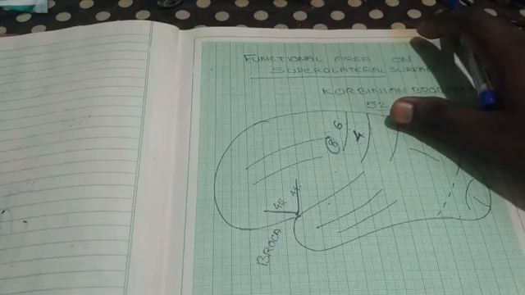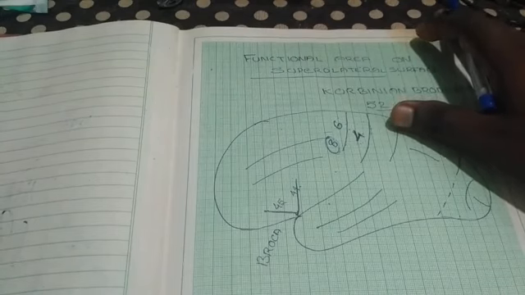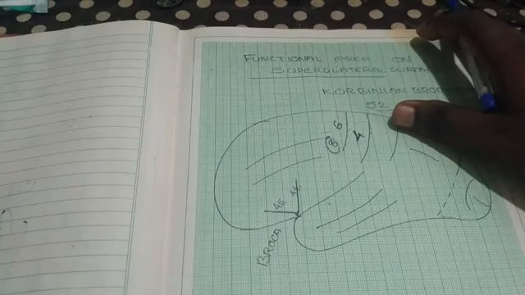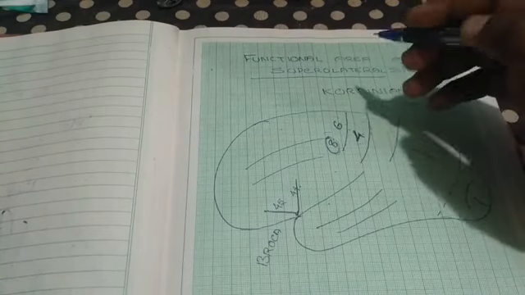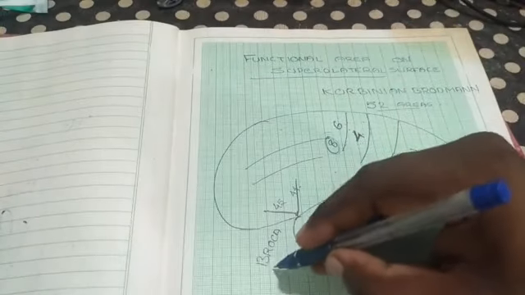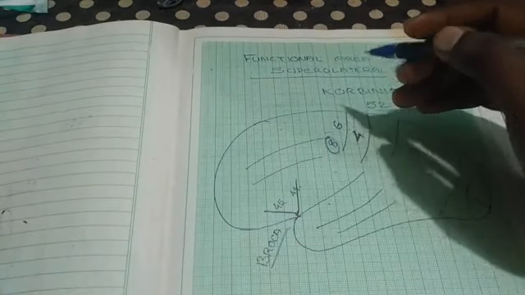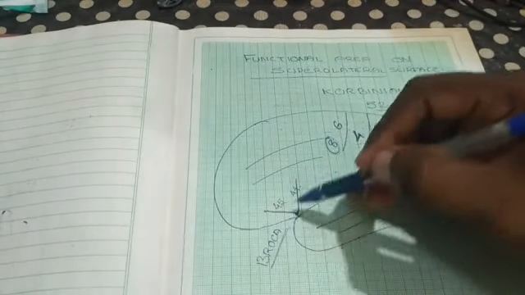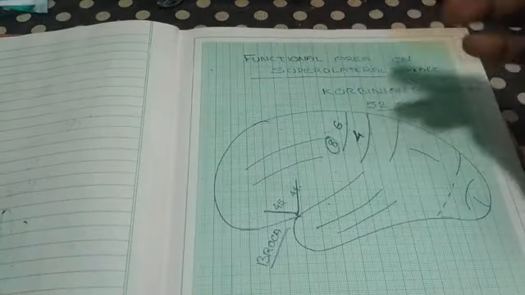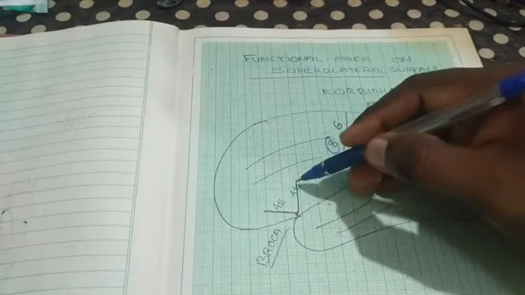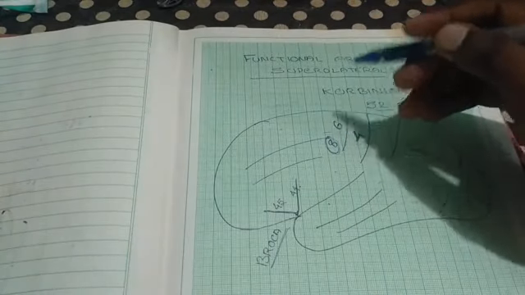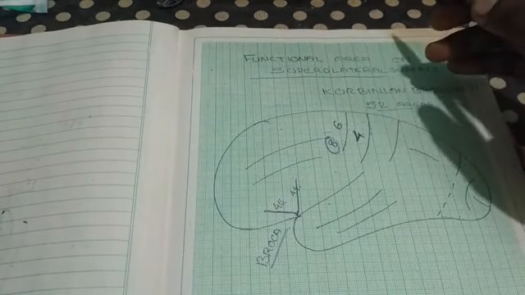The clinical significance is that when a lesion occurs in this region, it may cause aphasia. Verbal aphasia may occur, a motor inability, so any lesion in that region may cause loss of ability to speak.